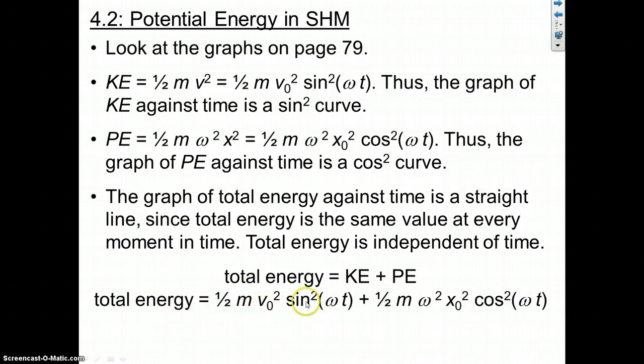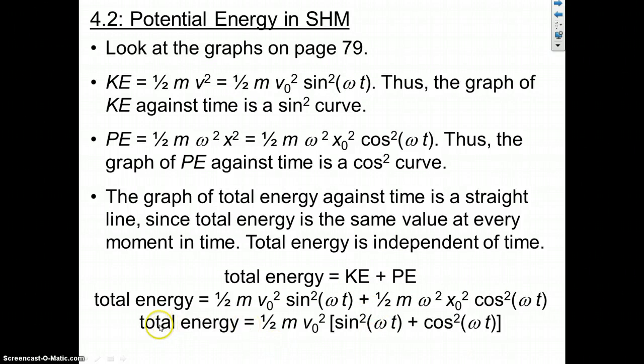So total energy, if we plug in for kinetic energy, plug this in for KE, and then for PE, we're going to plug in this. We see total energy equals, well, we could factor out the sine squared plus cosine squared, right? Because the 1/2 m v0 squared is the same.